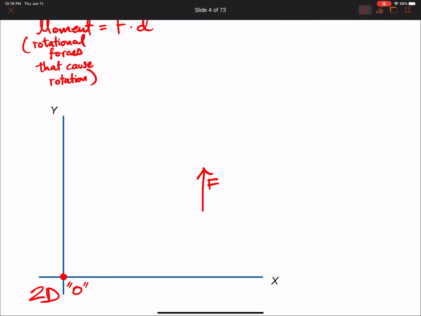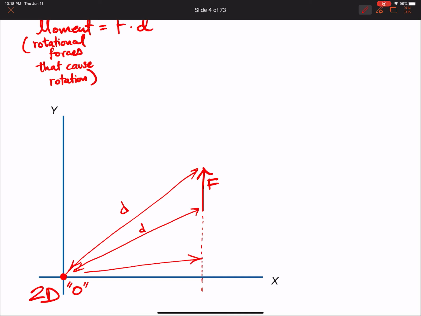If there is no definition, somebody could say, I can define a distance here, and another person could say, I'm going to define my distance over here. Another person may say, forces have lines of action, so I could even define a distance from a point in the line of action, and all these distances will be different. So we'll have three different moments caused by the same force on the same point, and that cannot be.